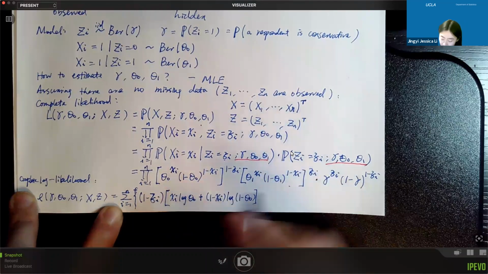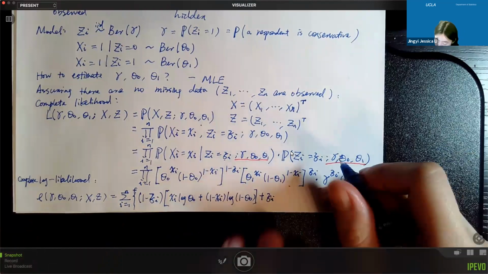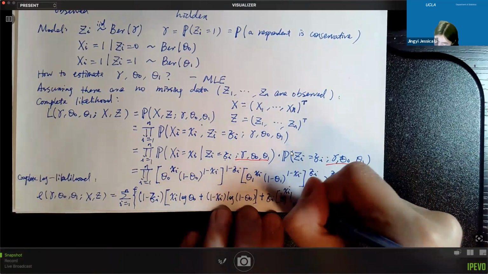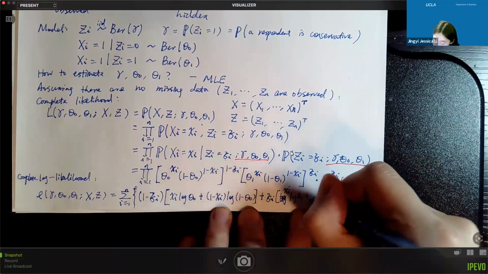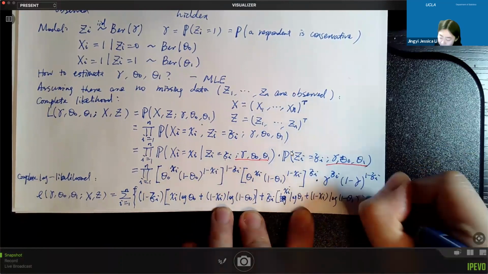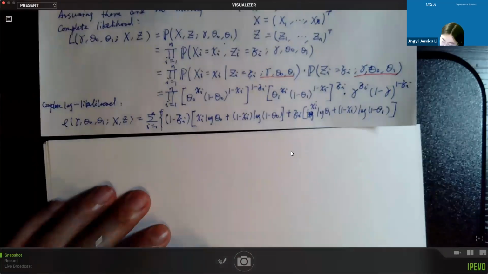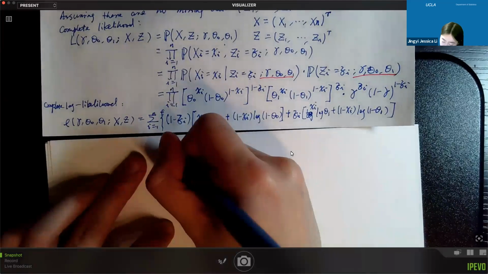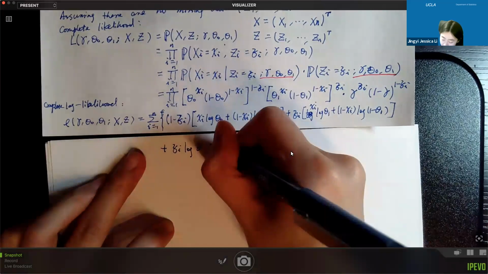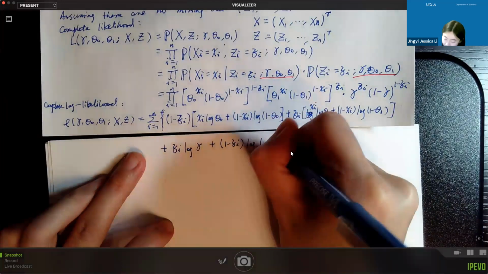That's for the first term. The second term, I get plus zi times xi log theta 1 plus 1 minus xi log 1 minus theta 1. And I'm not done yet. I have another term to deal with. What's remaining is plus zi log gamma plus 1 minus zi log 1 minus gamma. And that completes the sum.